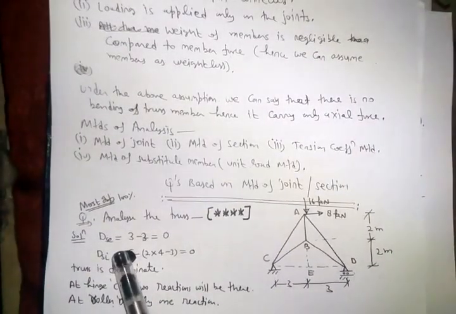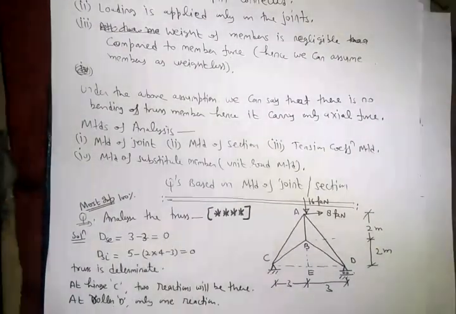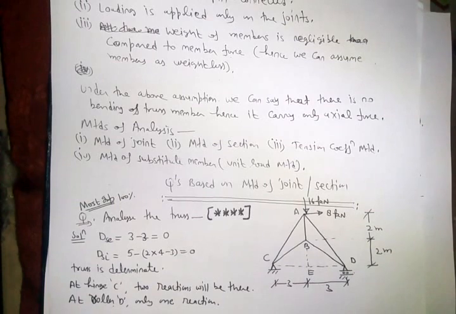RE equal to 3, so RE minus 3 equal to 0. So DSE will be 0, meaning external indeterminacy is 0, meaning the external reactions can easily be determined using equations of static equilibrium only.